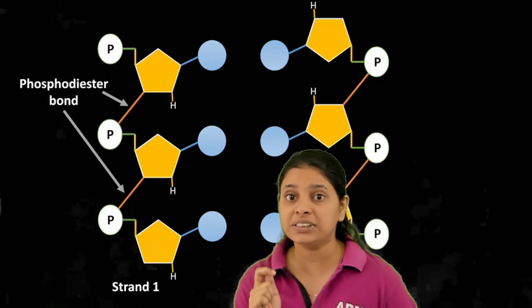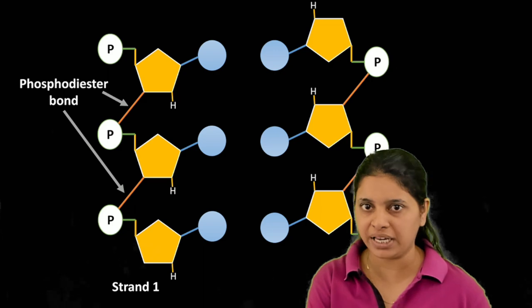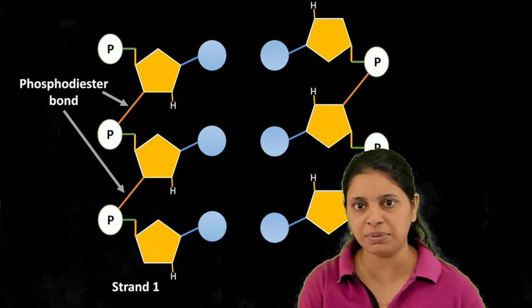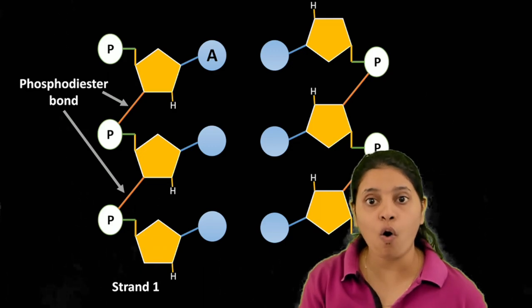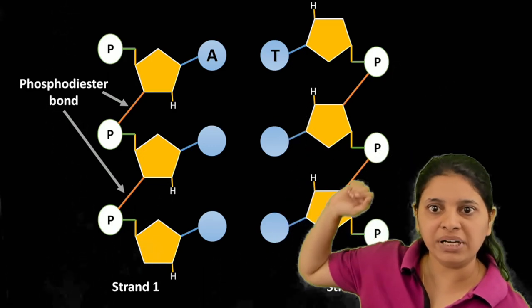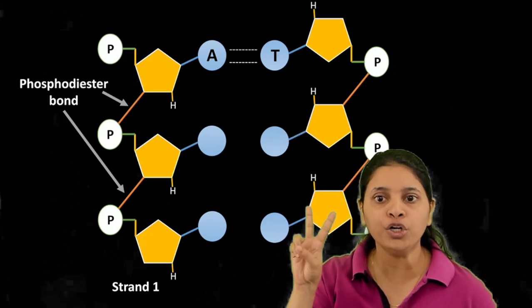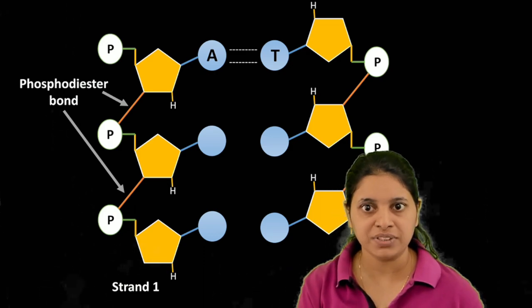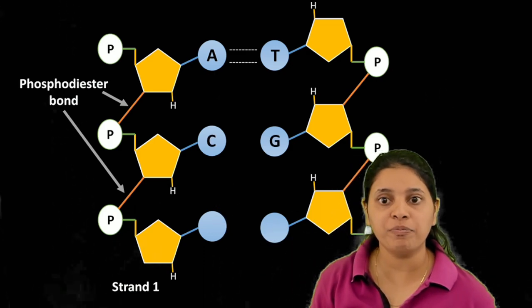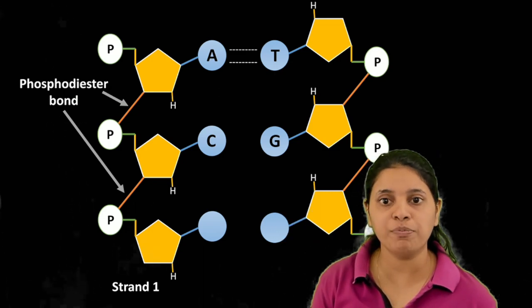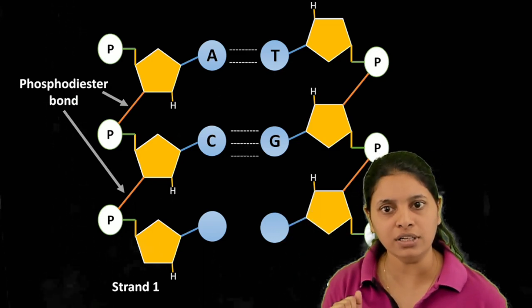Now, there is a specific complementary base pairing between these nitrogenous bases. That is, adenine A will always pair with thymine T with the help of two hydrogen bonds. Similarly, cytosine will pair up with guanine with the help of three hydrogen bonds.